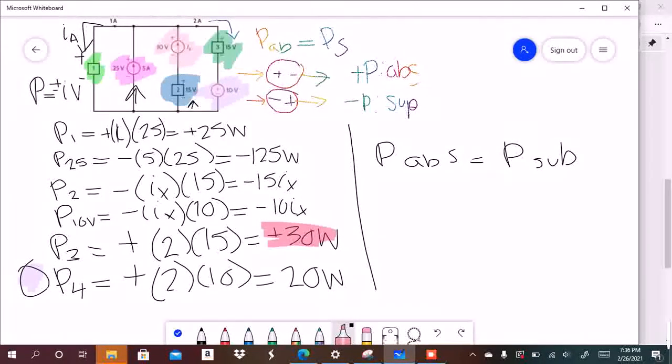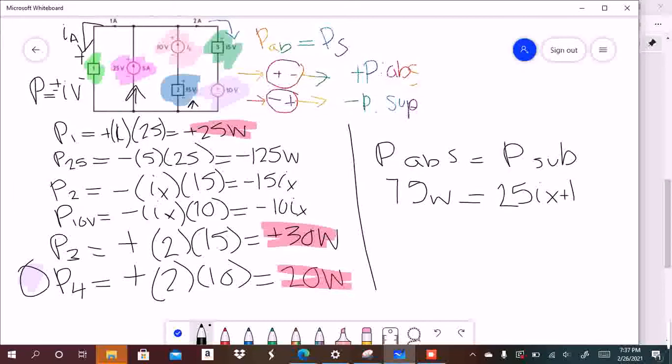It's 30 plus 20 plus 25. That is equal to 75. And then the rest of it is going to be power supplied. It's going to be 25 Ix and 125 watts.